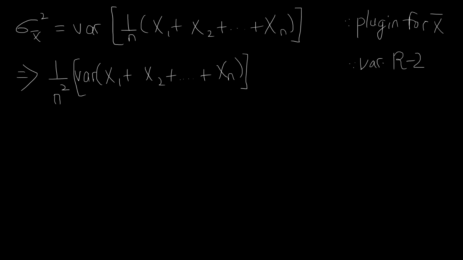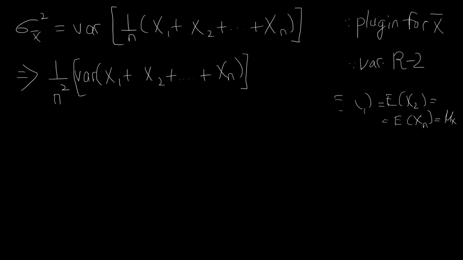Like in the previous video, we imagined the difference between the planning stage, which is basically the beforehand stage. So we argued that the expected value of x1 is equal to the expected value of x2 is equal to the expected value of xn, and all of these are basically equal to mu x. This is what we did in the previous video.